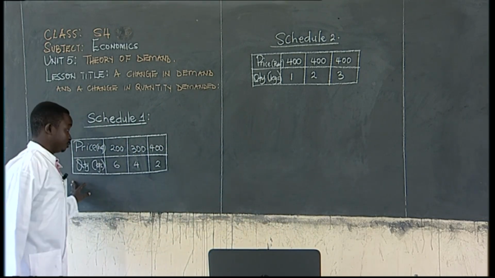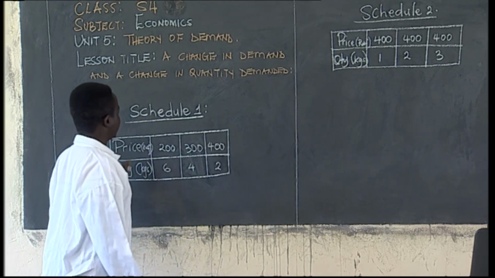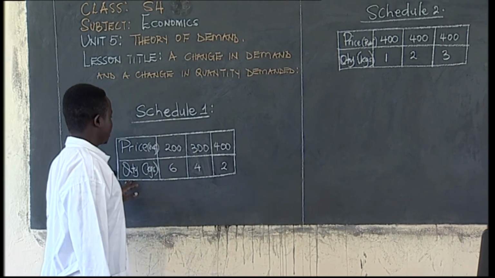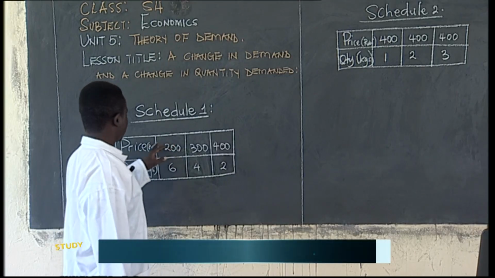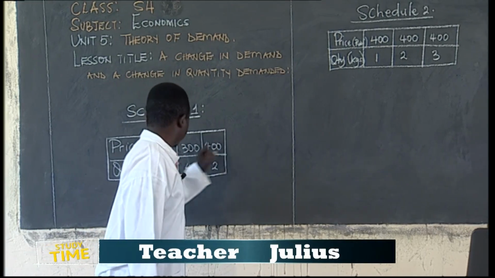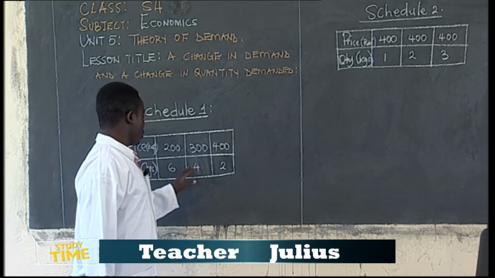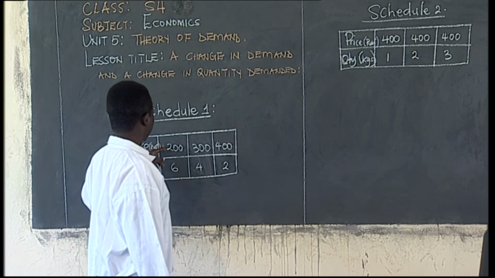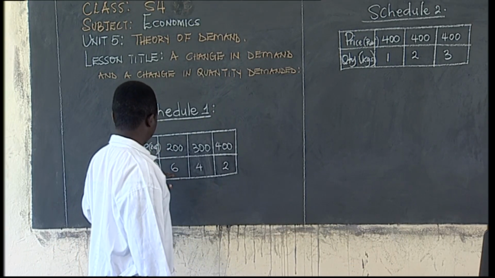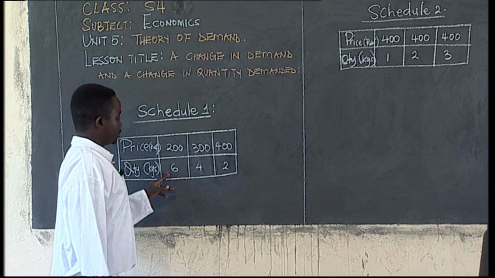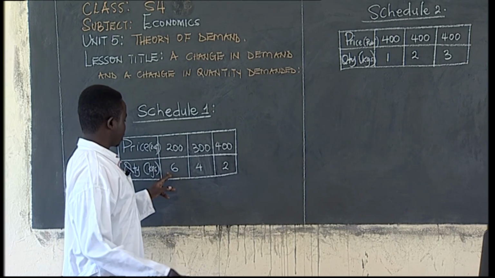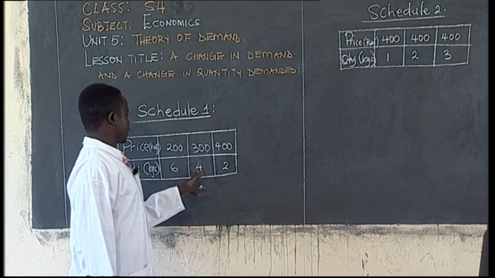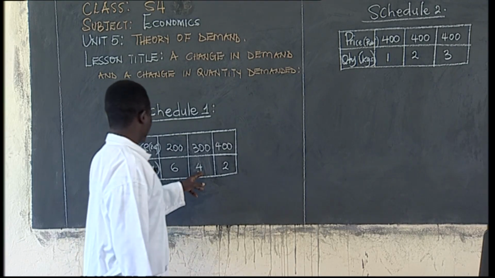schedules, or demand schedules. Now, if you look at schedule number 1, or this table number 1, we have a row for prices and a row for quantity demanded of a given commodity. So at 200 Rwandan francs, we can see quantity demanded being 6 kilograms or 6 units. Then at 300, you can check, we have quantity demanded of 4.